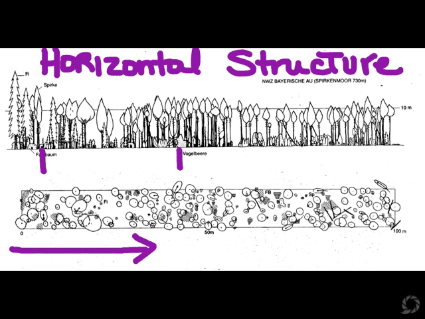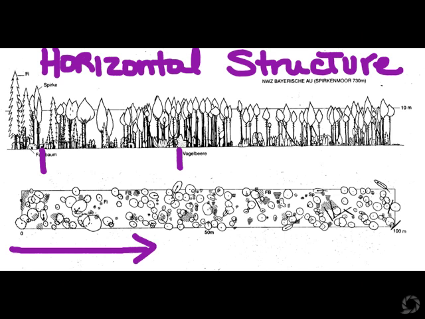I also asked you to think about horizontal structure in your last homework. Horizontal structure shows us what we come into contact with as we walk across the land. So in the top diagram, you can see that there are three pretty distinct groupings of trees.